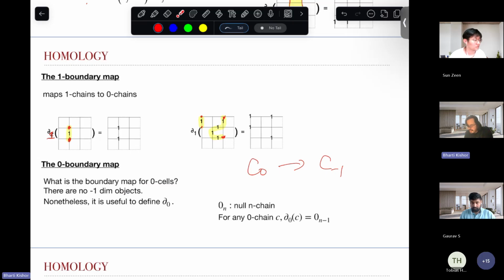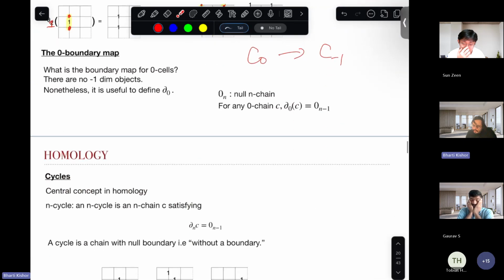So you can define a 0 boundary map, which when it acts on any chain gives you a null chain. So 0 n is, let's say, the null n chain, and when you act on any chain with delta 0, it gives you the n minus 1 null chain. The null chain was our additive identity, if you remember, for group composition: you add it to any chain, you get back the same thing. Okay. So we understood this boundary map.